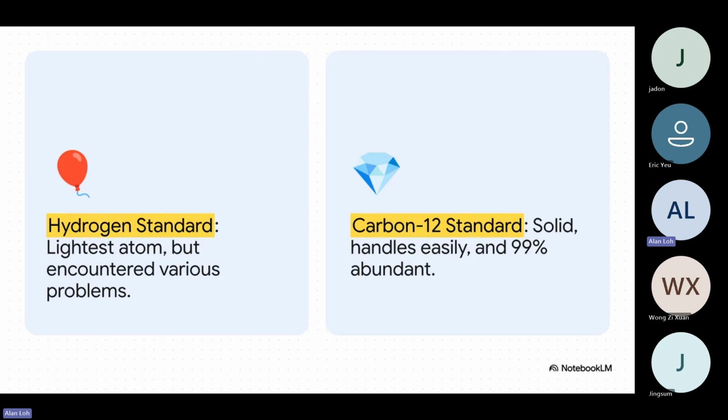But this encountered some pretty annoying practical problems. So in 1961, chemists across the world agreed to switch globally to the carbon-12 standard. Why carbon-12? Well, when you compare the two, carbon-12 is a solid at room temperature, which means it handles easily. It combines with almost everything. And crucially, the carbon-12 isotope is 99% abundant in nature. That makes it an incredibly stable, reliable benchmark.